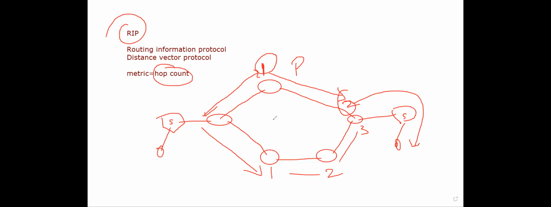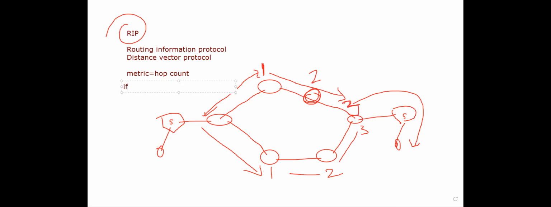So the criteria to find the best route, the metric, for RIP is hop count. The lower hop count will be the primary path. But what happens if both paths have the same hop count? For example, I am using a router here, so second and third.